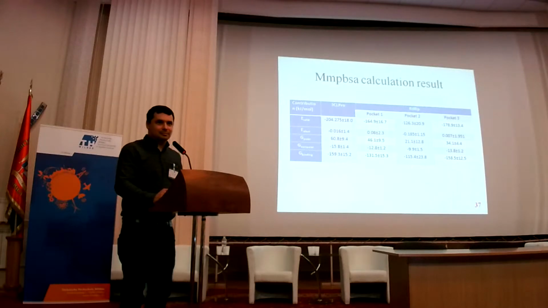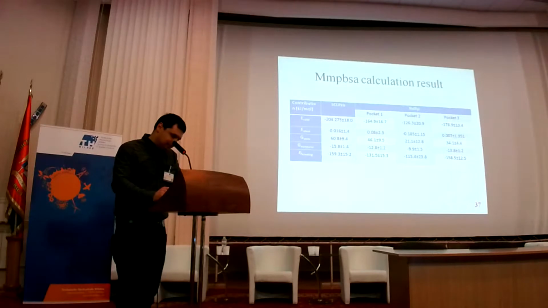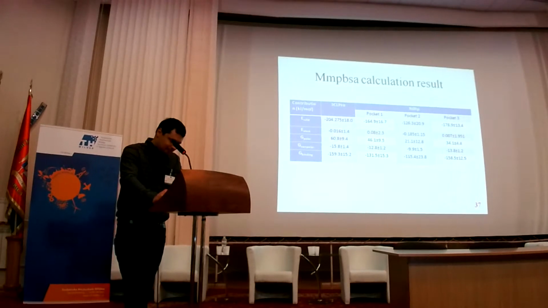I know that, for example, for the B molecule, the energy of binding is 30 kilojoule per mole. But there is covalent binding. If I understand correctly, there is no covalent binding here. How is it possible to have such high energy?